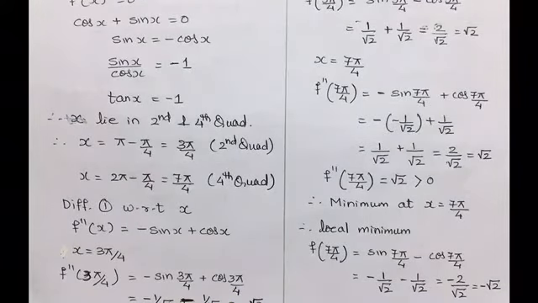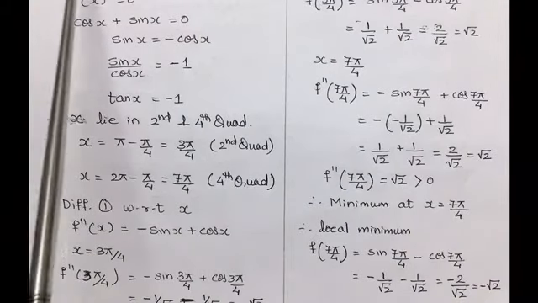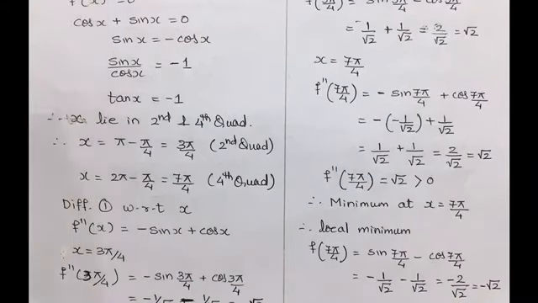Now calculating the local minimum by keeping the value of x as 7 pi by 4 in the original function f. So f of 7 pi by 4 is equal to sin 7 pi by 4 minus cos 7 pi by 4.